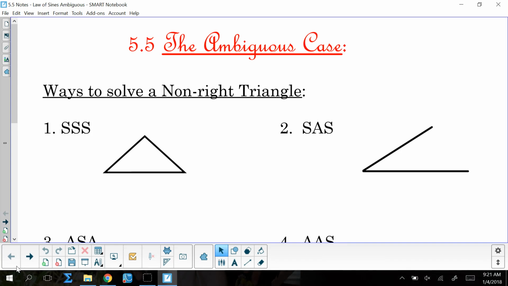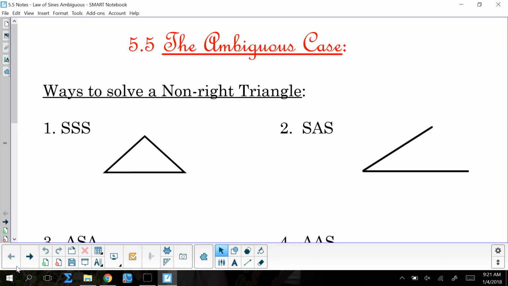Yesterday we started the law of sines, and we said that it's a way to solve a non-right triangle. Solving a non-right triangle means that you're going to be given 3 parts, and you have to find the other 3 parts. Now, there are 6 different ways to give those 3 parts.